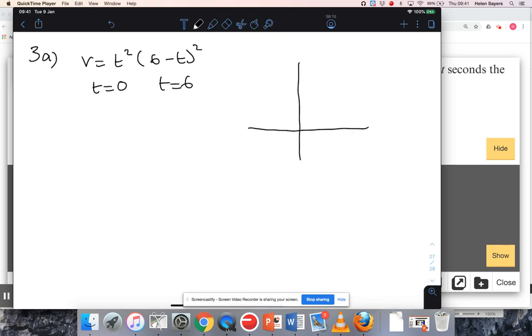So if I was to sketch the whole graph, it would be looking something like that. That's gone a little bit away from 0, but imagine that's at 0. Also the y-intercept is 0, isn't it? If you were to expand that out, you wouldn't have a constant term, so v would be 0.